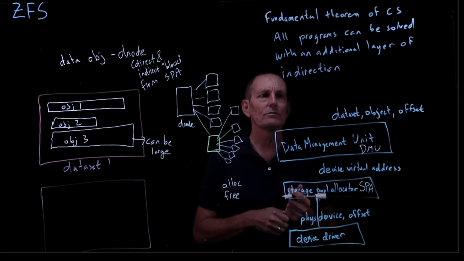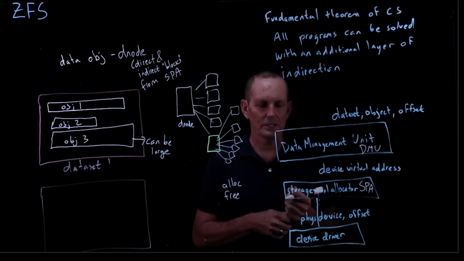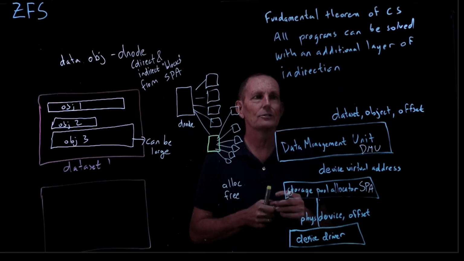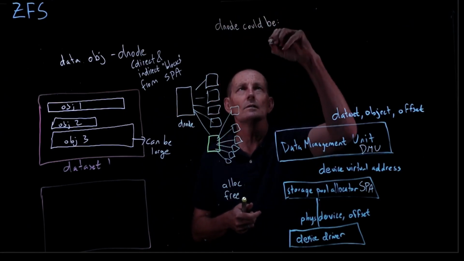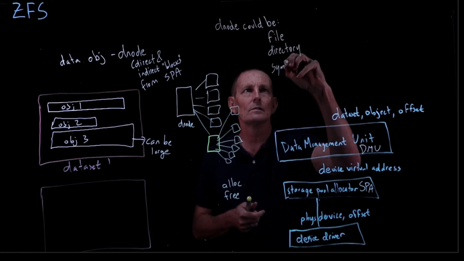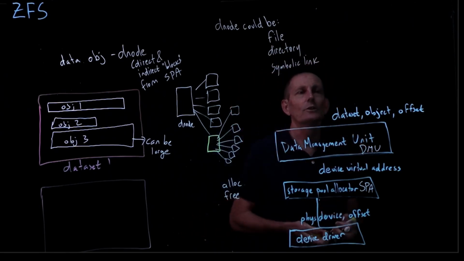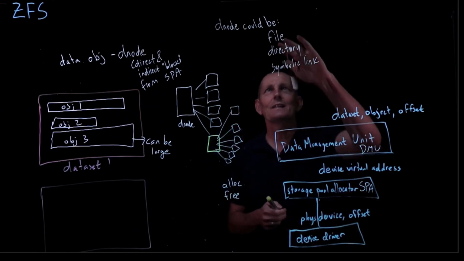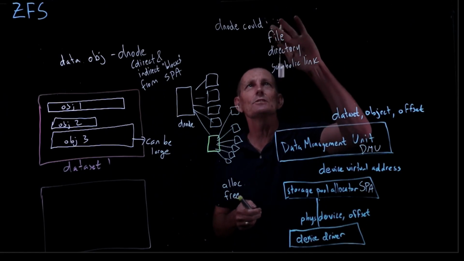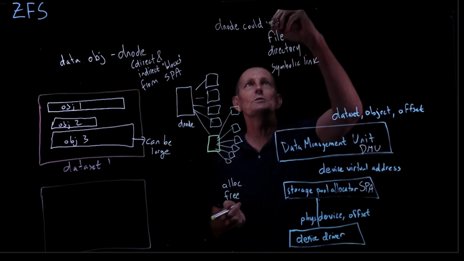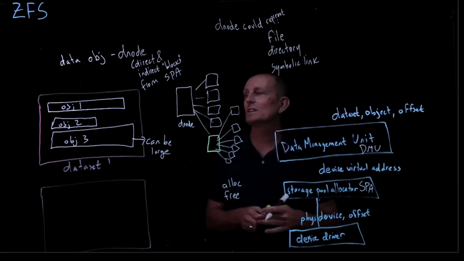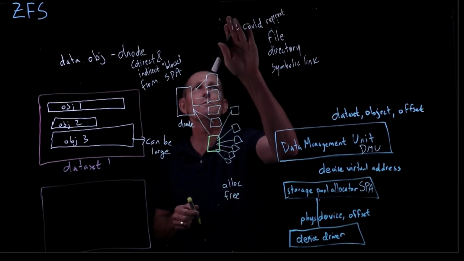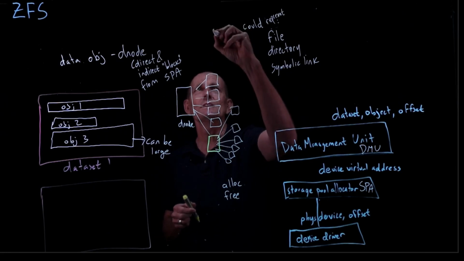What are these objects used for? Well, these objects are actually used to implement file systems. A dnode is basically just storage for an object, so it's not the dnode that's representing; it's one of these objects that is implemented with a dnode.